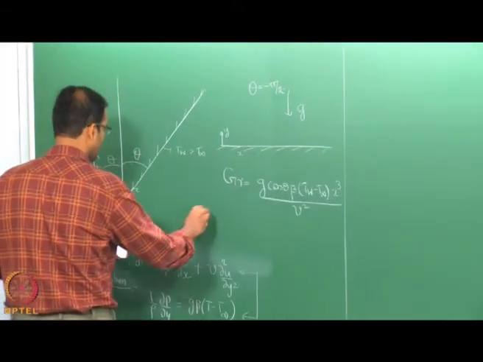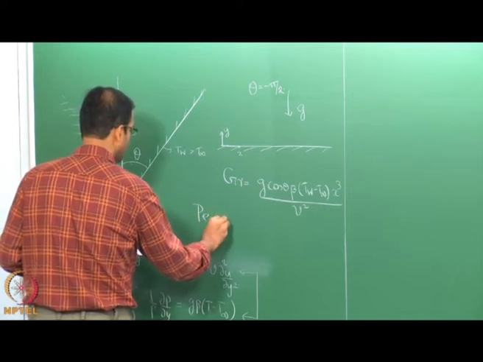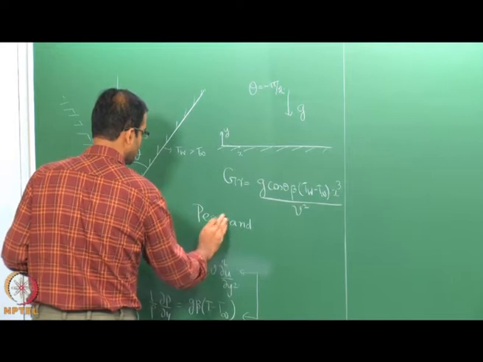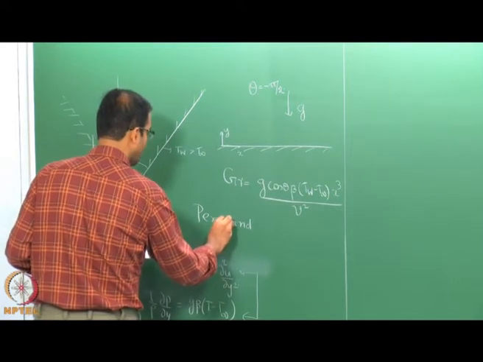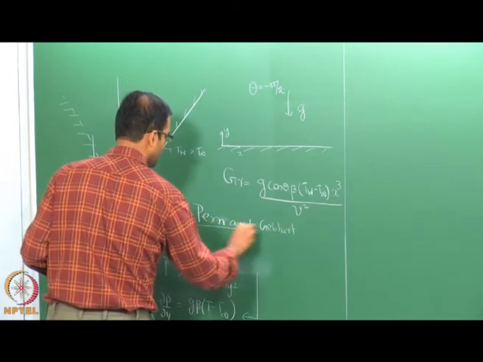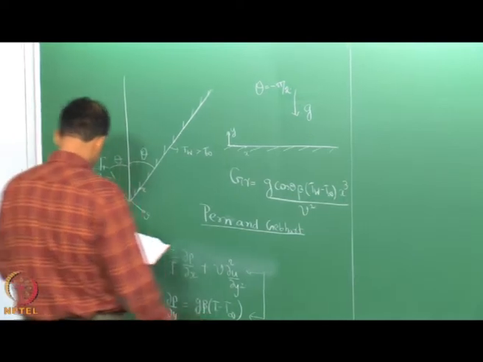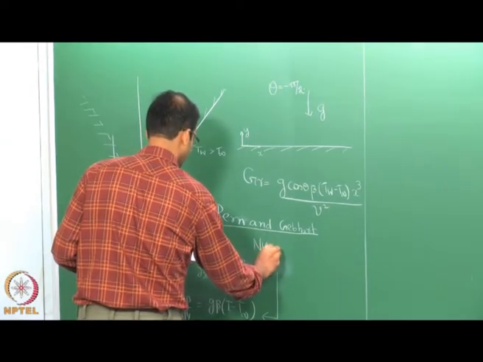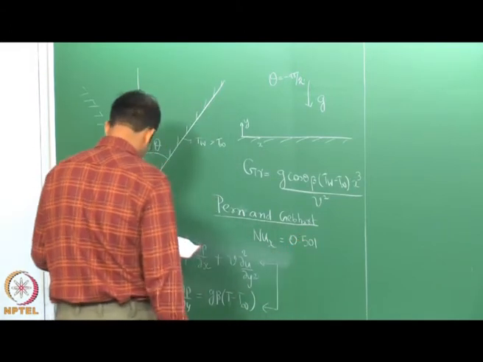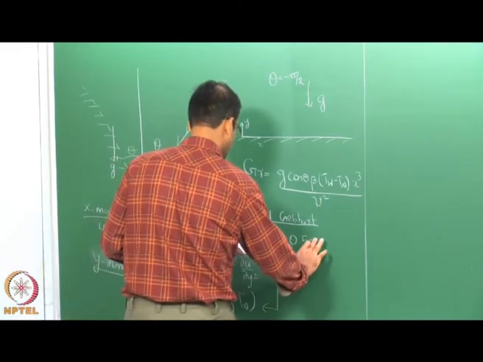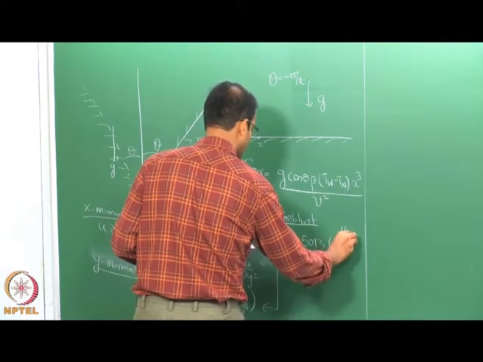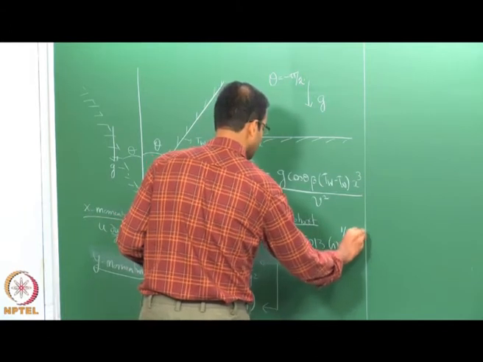This was done by Pera and Gebhart, and for the isothermal case they have given the following. So, this is coming from the similarity solution: 0.5013 Grashof number to the power 1 by 5, Prandtl number to the power 1 by 4.